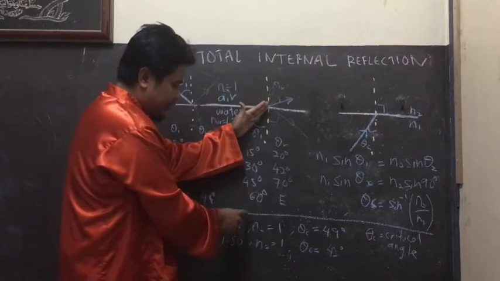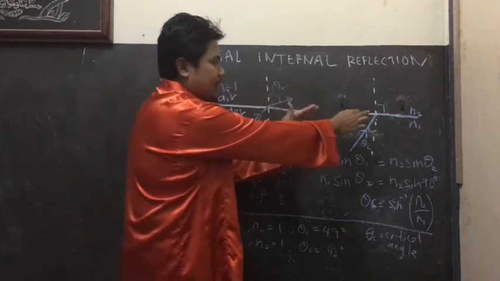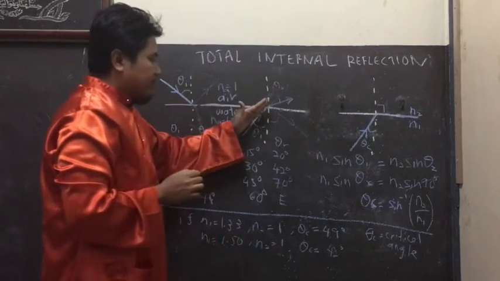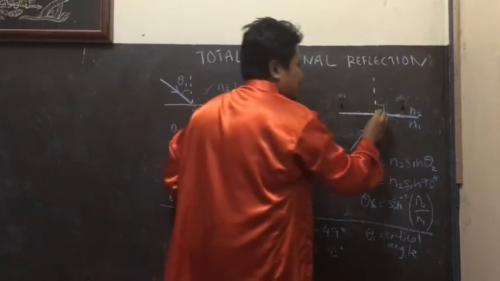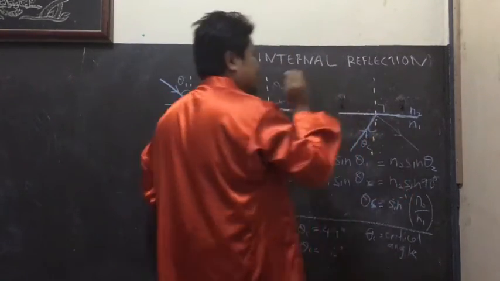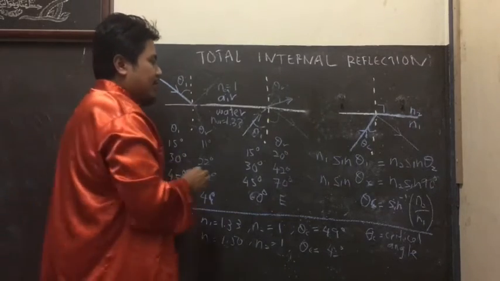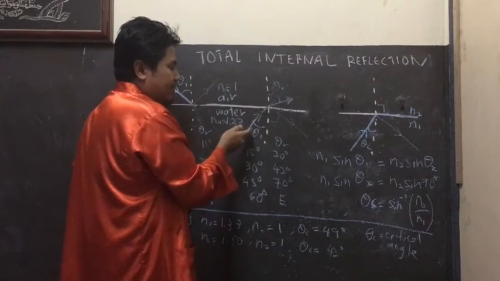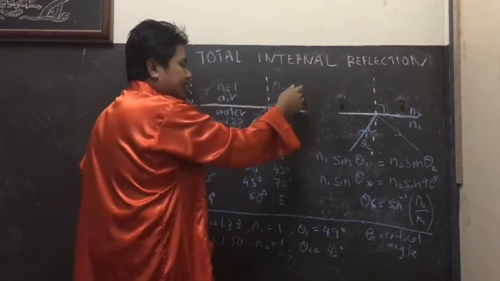But when you reach 49 degrees, the refracted angle becomes maximum like this. But if you go further, you will have total internal reflection.